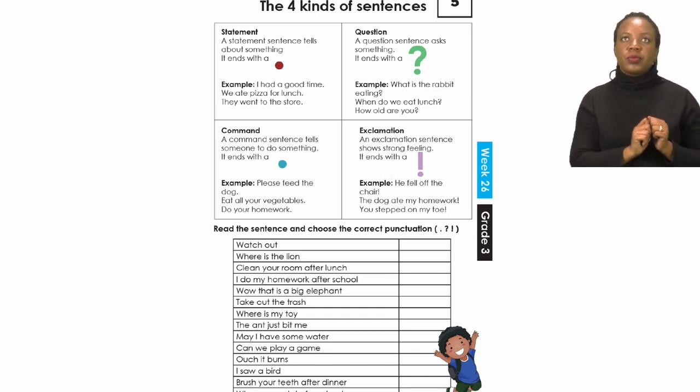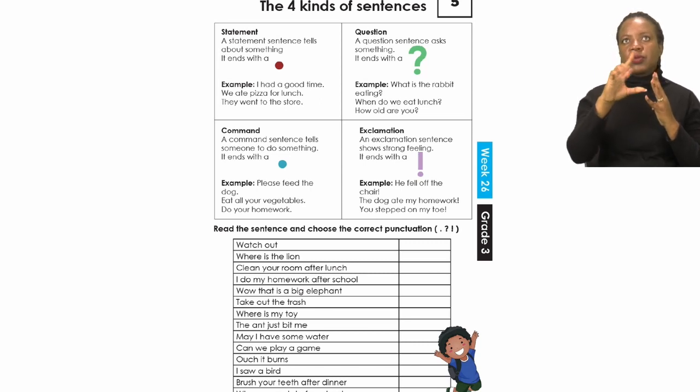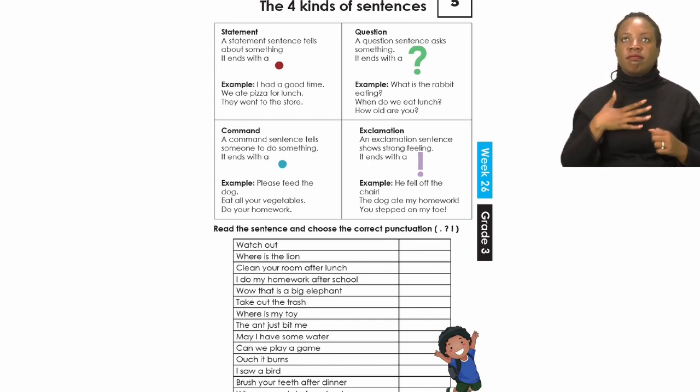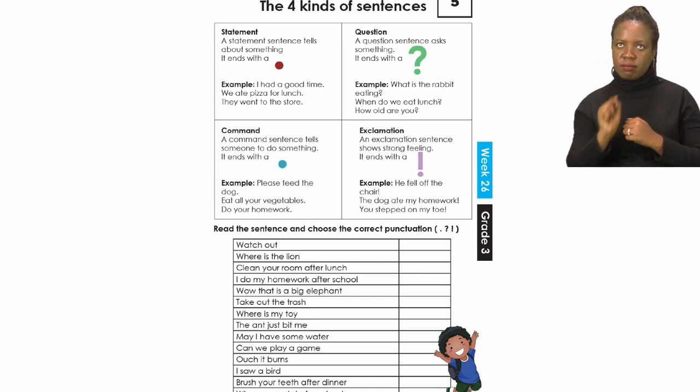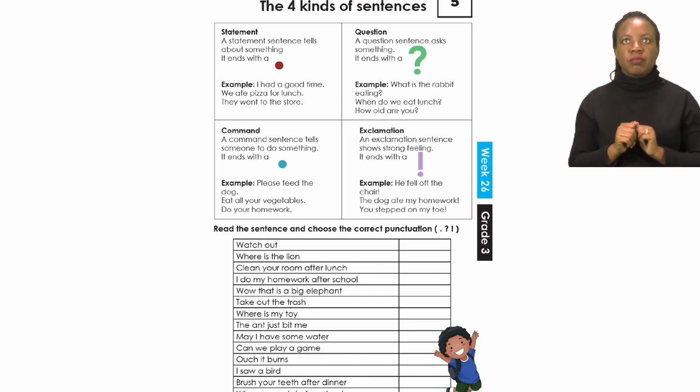The last kind of sentence that we're going to be discussing today is the exclamation. Now, an exclamation sentence shows a strong feeling and then ends with an exclamation mark, the one that we can see in purple. It says, he fell off the chair!